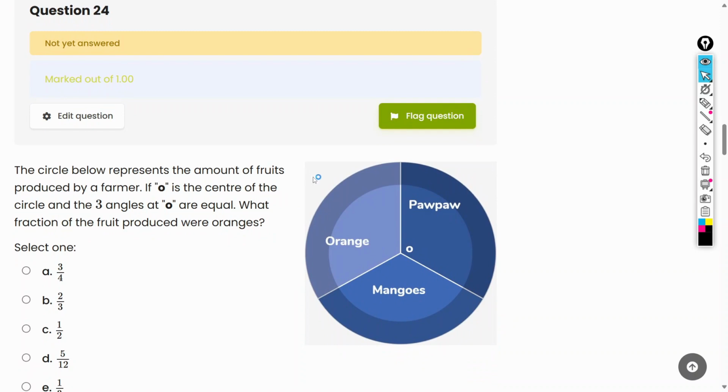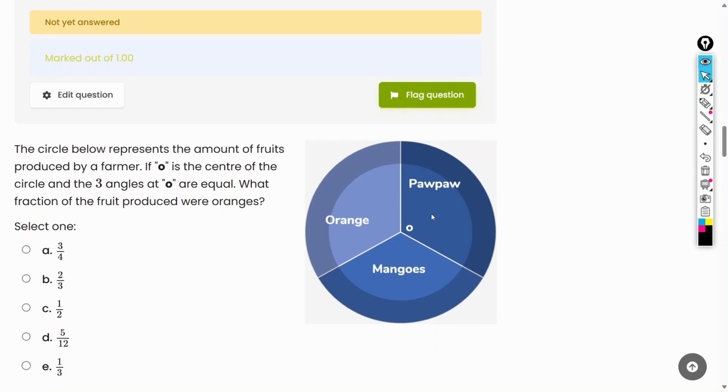The circle below represents the amount of fruits produced by a farmer. If O is the center of the circle and the three angles at O are equal, what fraction of the fruits produced were oranges? So if all of these angles are equal, then first we find the total number of parts there are. There are 3 parts.